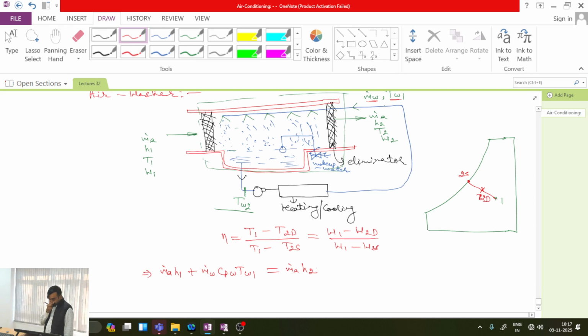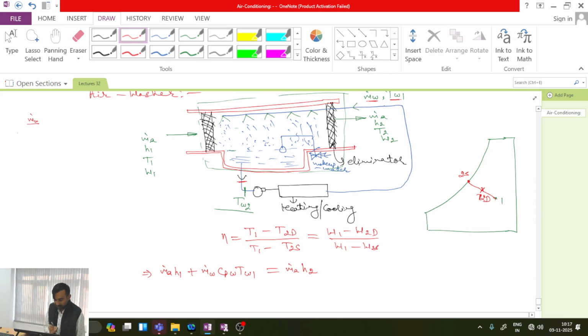Other than that, you can also see that from the bottom, I have a pump which is taking some amount of water. What is that water? Let us understand that. From the top, how much water have I sprayed?